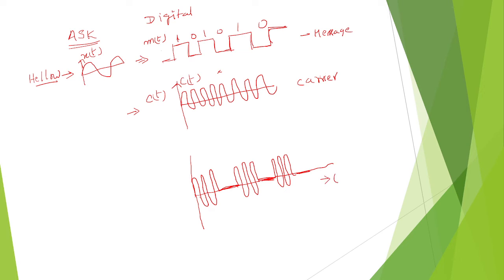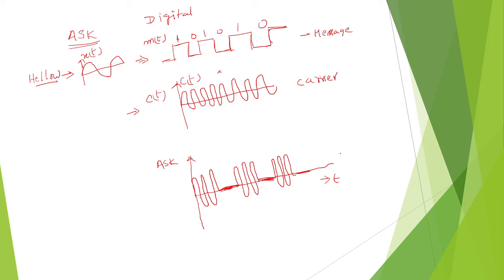This is the modulated signal, the ASK signal, the amplitude shift keying output. The amplitude is shifting according to the binary input signal. For binary 1 it has one output amplitude, and for binary 0 it has another voltage. It is just shifting, and that's why it is named amplitude shift keying.